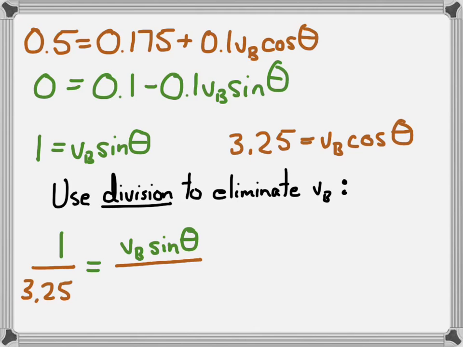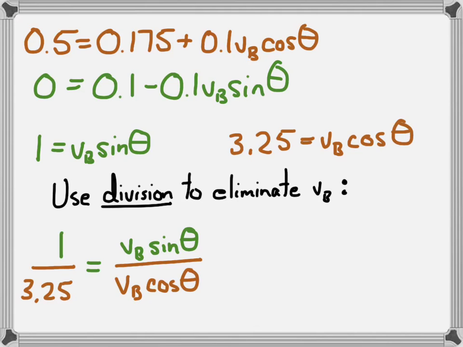You're used to saying, well, if I divide this by 3.25, I have to divide that by 3.25. And that's absolutely true. But this equation tells me that 3.25 is equal to VB cosine theta. So I can replace 3.25 with VB cosine theta. So I take the first equation and divide it by that second equation. And now I've created a new equation that eliminates VB.